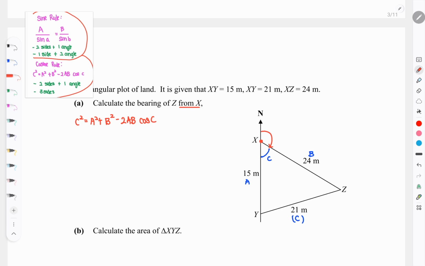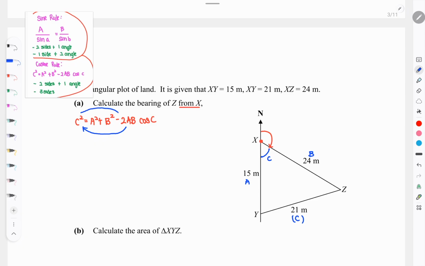So I'll just use this formula first. Either you remember the other formula to find the angle, or you can start with this, and then you slowly move things around. For me, I am not very good at memorizing stuff, so I always remember one formula, and then I manipulate it. In this case, I will bring my whole minus 2ab cosine C to the other side.